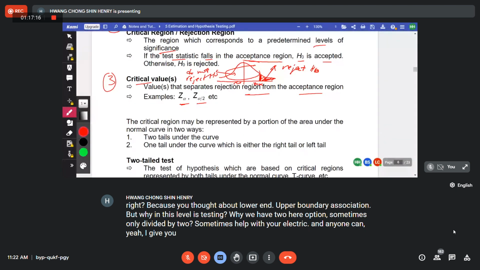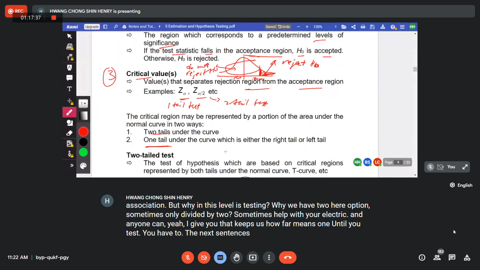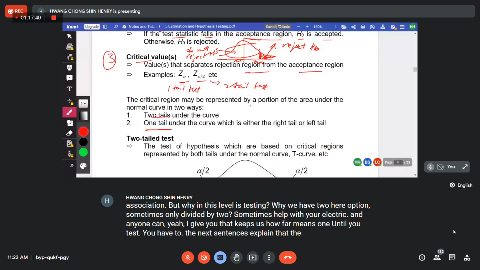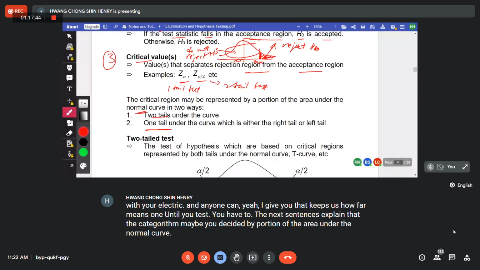Okay, I give you the tips first. Alpha means a 1 tail test. For a 2 tail test, you have to divide by 2. The next sentence explains that. The critical region may be represented by a portion of the area under the normal curve in 2 ways. 2 tails under the curve that I draw for you.